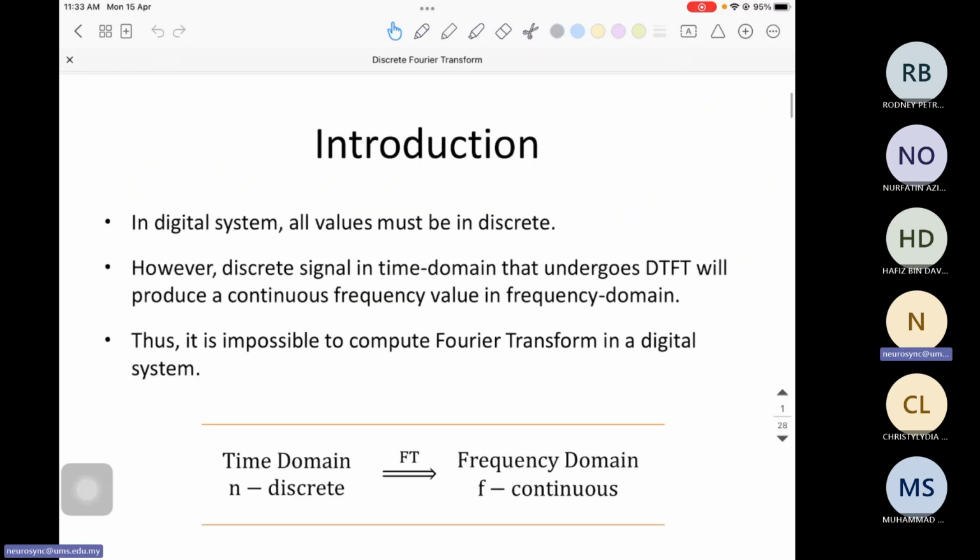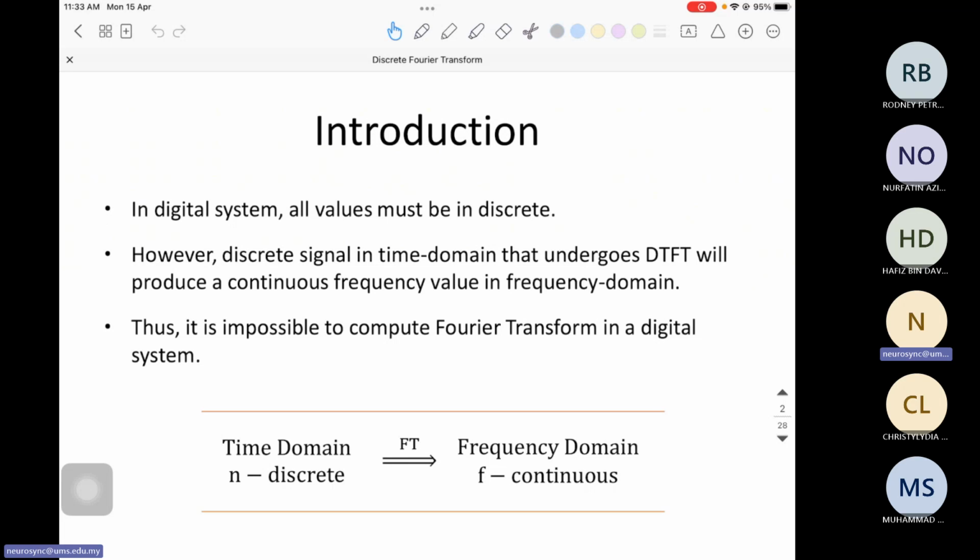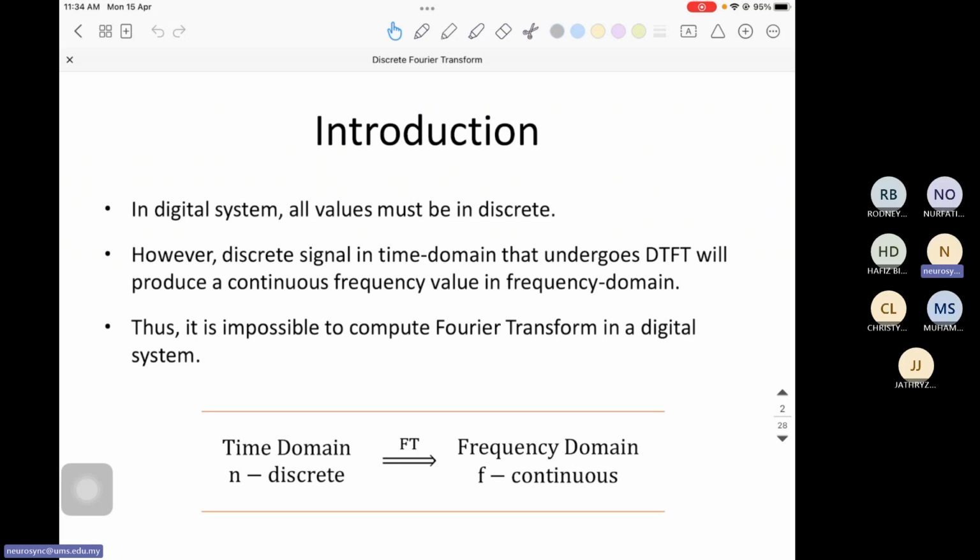Okay, so in the previous lecture, we have seen the discrete time Fourier transform, how it is used. In the discrete time Fourier transform, we convert the time domain discrete values into the frequency domain continuous values.